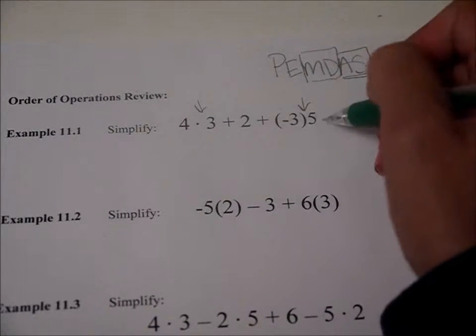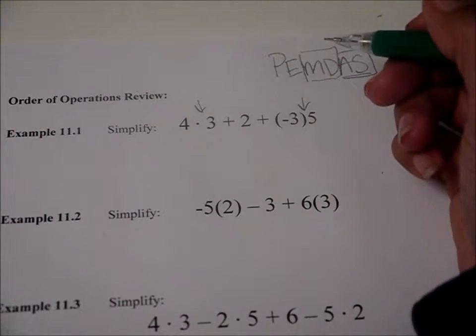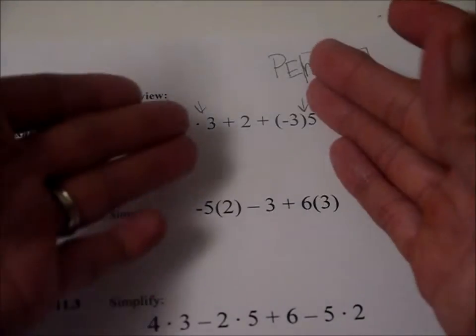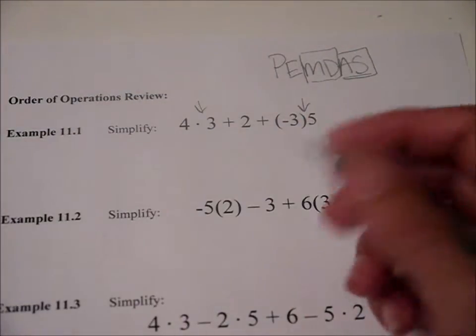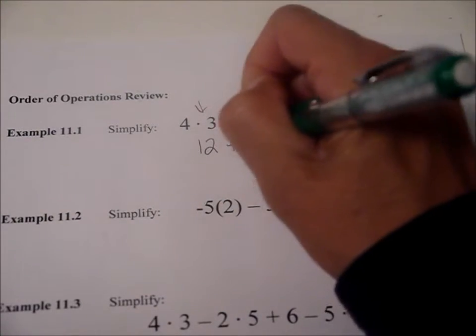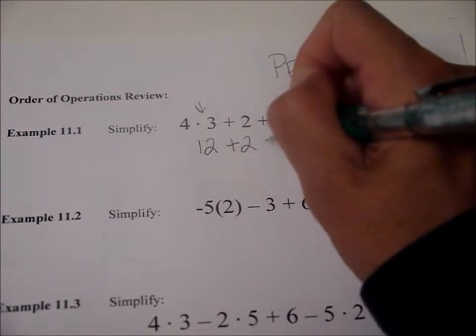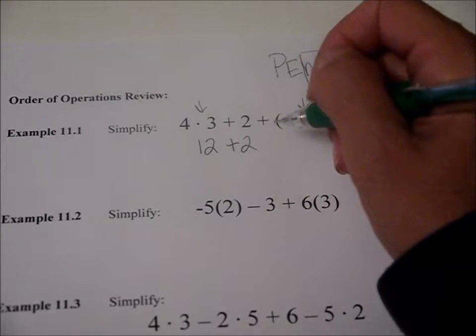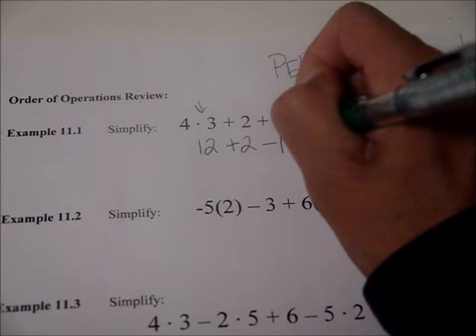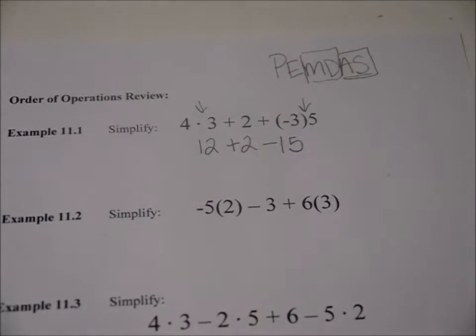So I'm going to take care of these things, and I'm going to write another line. When I do these, they tend to filter down to a point. I'll show you what I mean. We'll get 12 plus 2, and then this is, you could say, plus negative 15 or minus 15. So I'm just going to do that.